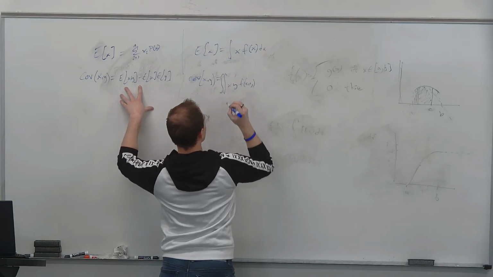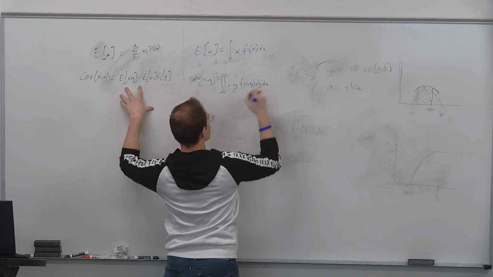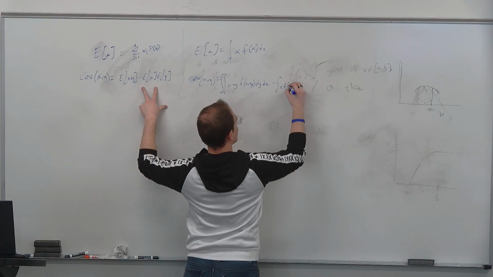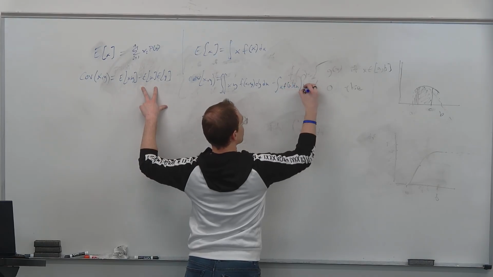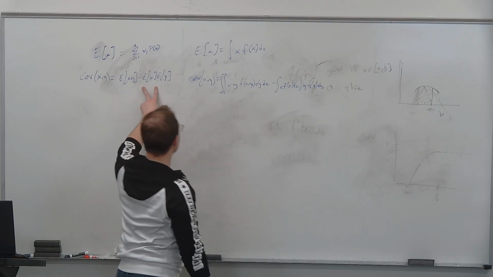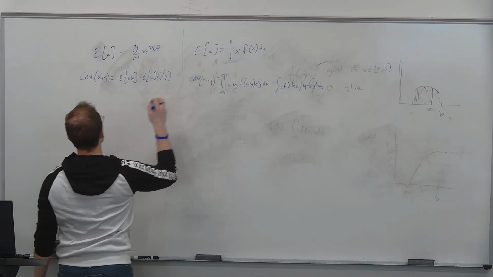And this is actually a double integral because you're summing over two variables, okay? So that's dy dx right there, okay? Minus expected x, expected y. Okay, so that's your covariance, all right? It's the same, you're just using the expected value from here.